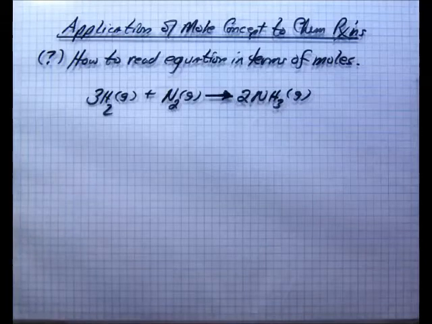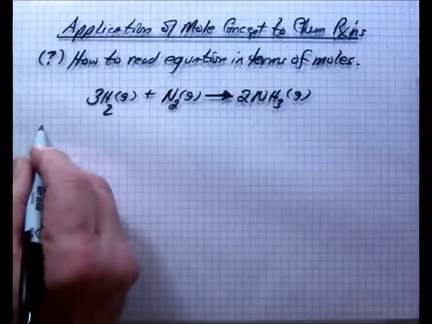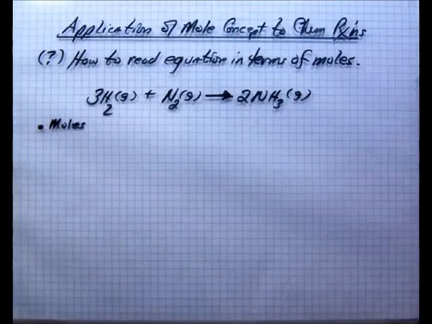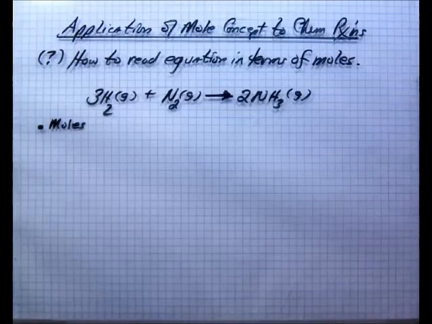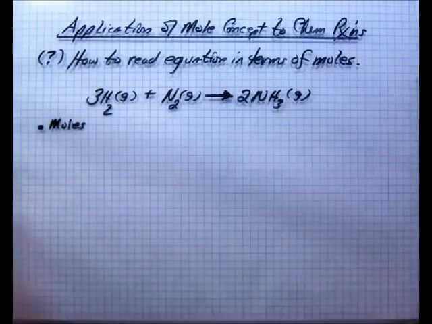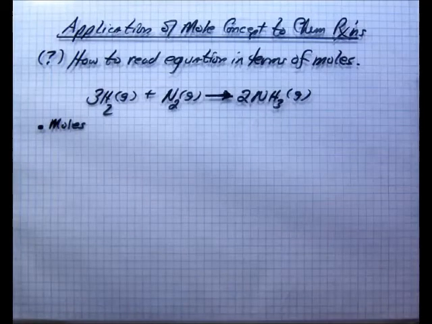First thing that you can extract from a chemical equation is moles. Mole quantity. How many moles of molecular hydrogen? How many moles of nitrogen? How many moles of ammonia represented in this equation? The coefficients of the balanced molecular equation will tell you that.